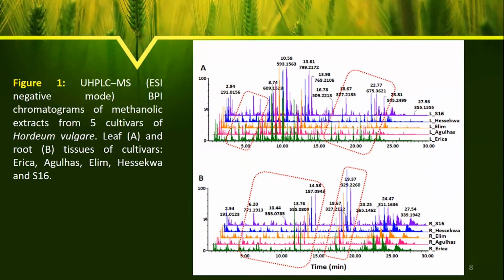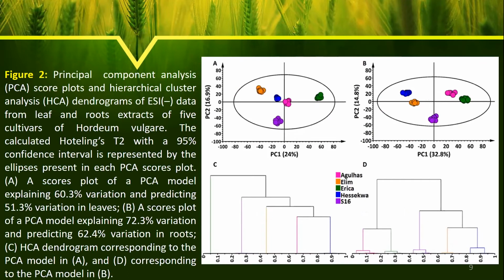Examples of such variation are highlighted with dotted rectangles. We can also note that a wide range of metabolites, ranging from polar to non-polar, could be depicted on the chromatograms.